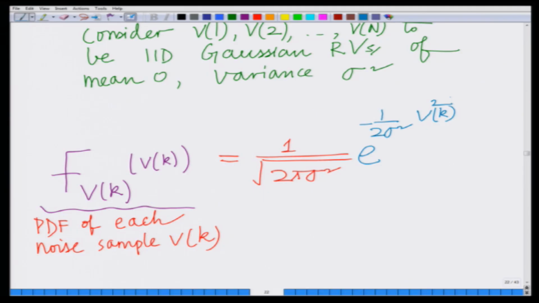This is the probability density function of each noise sample Vk, because this is a Gaussian noise sample of mean 0 and variance sigma square.